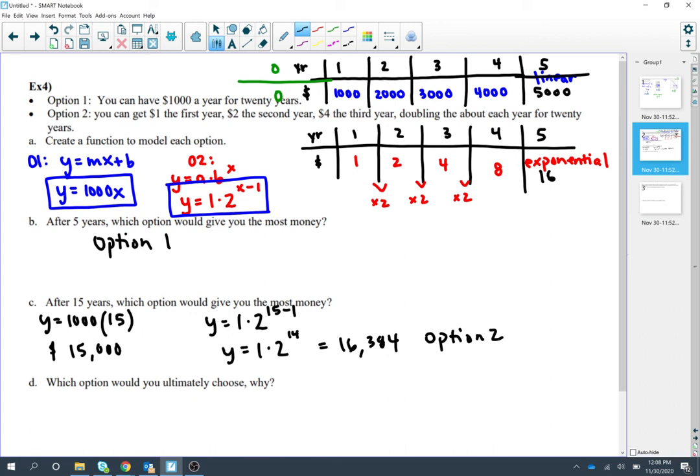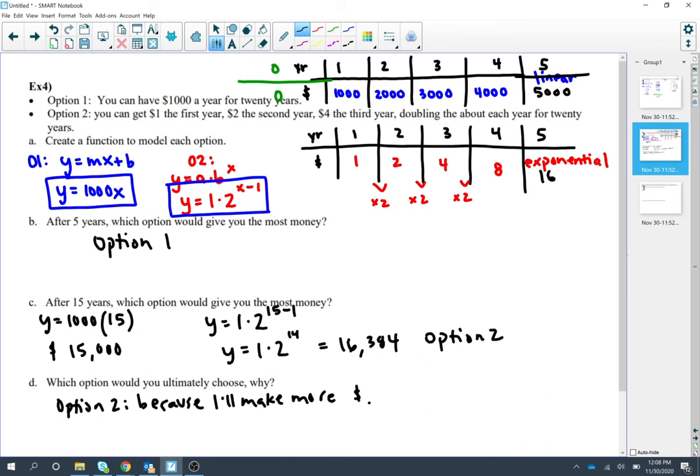Part D, which option would you ultimately choose and why? Well, it says up here that we're doing this for 20 years. So ultimately, in the long run, I'm going to choose option 2. And the reason is because I'll make more money. Option 1 starts out at a lot more. I make 1,000, 2,000, 3,000 versus 1, 2, 4, or 8.